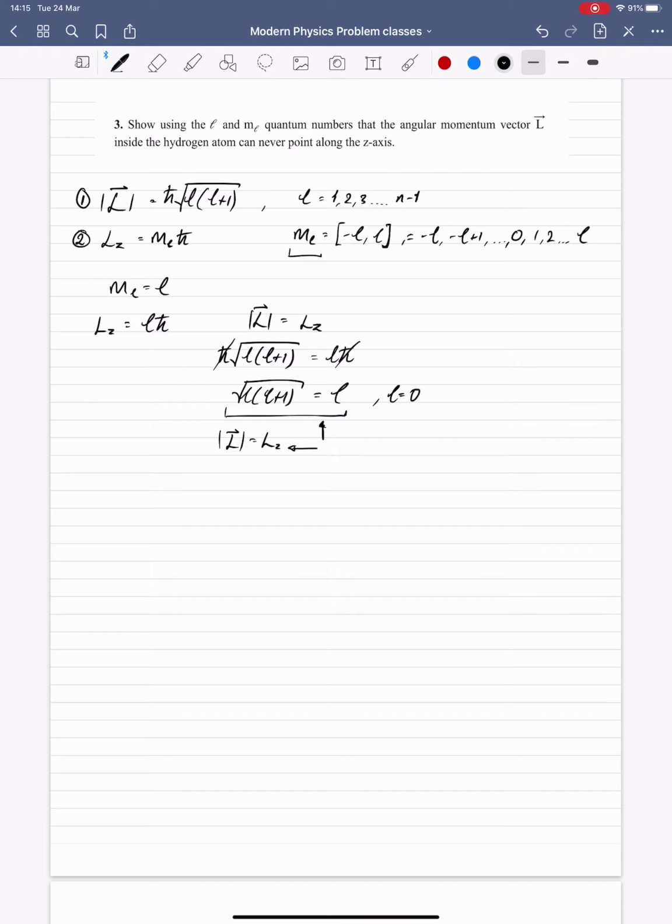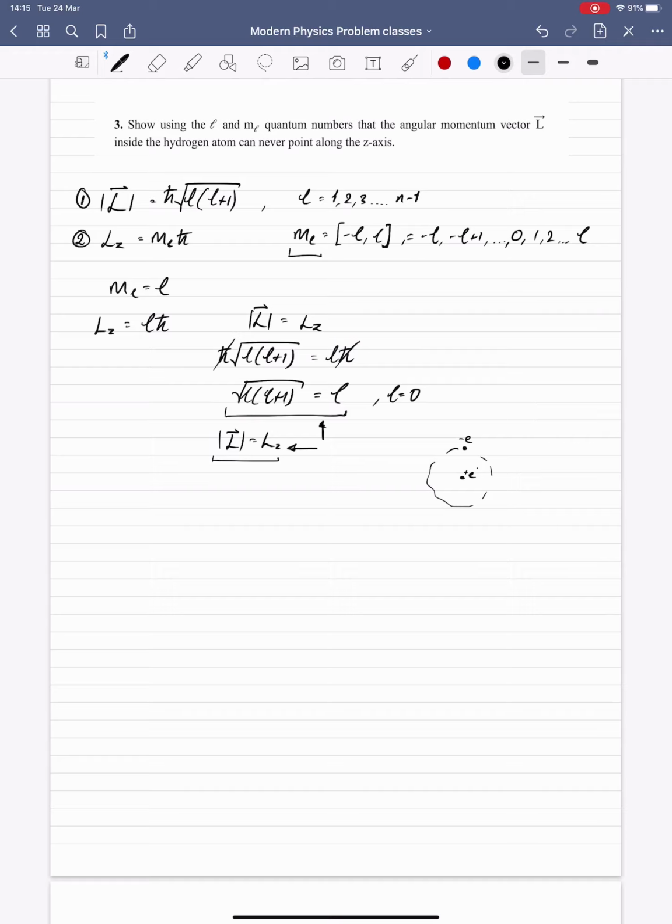But if the angular momentum is equal to 0, then our electron isn't actually orbiting a nucleus, which can't be true if we're considering stable atoms, essentially.